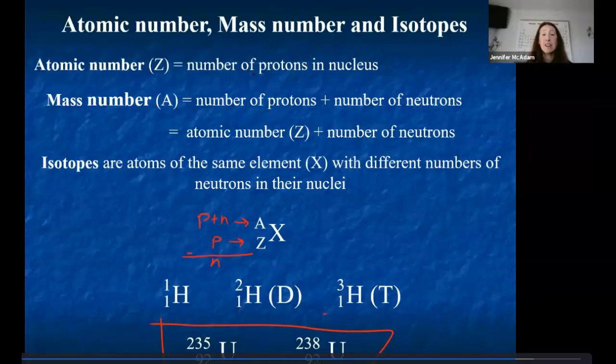So it's very, very, very difficult to separate these 2 isotopes. That's why nuclear energy and making nuclear weapons is so incredibly hard, right? Because the difference between the one that can create bombs and make nuclear power plants and the other one is like the tiniest bit of mass. It's like literally nothing, right?